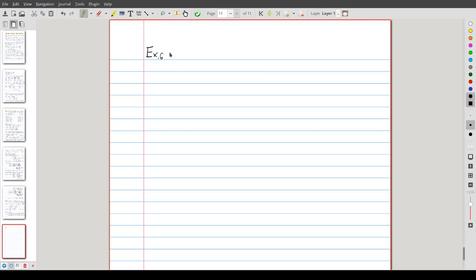Another example, independent of the previous Maclaurin series that we obtained, is the following. Let us find the Maclaurin series for f of x equal to 1 plus x to the p, where p is any fixed real number.